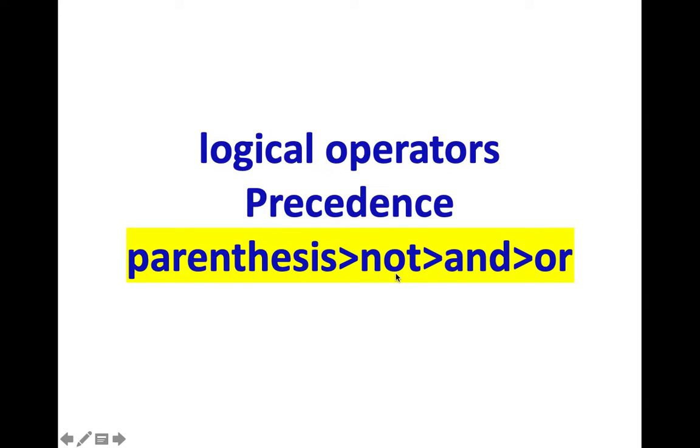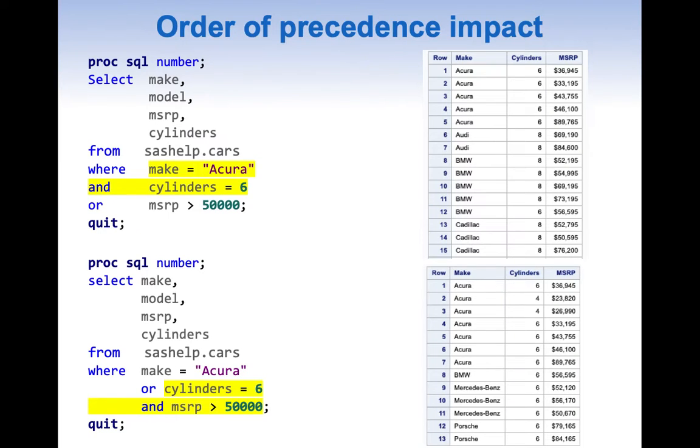Now let us try to understand it much better, looking into some examples. It is very important to understand this concept, because if we do not understand it, we will be making some queries which will be giving results which are not expected.